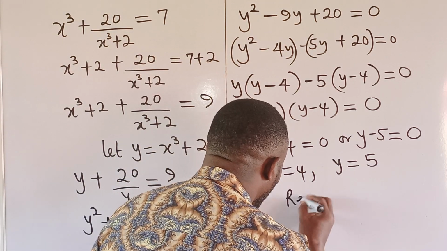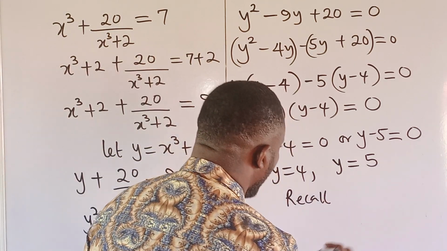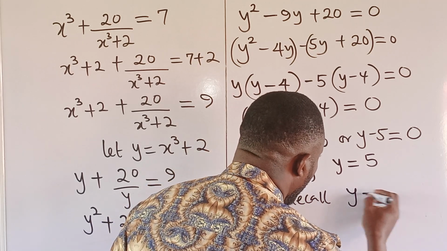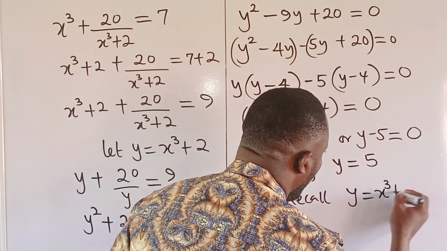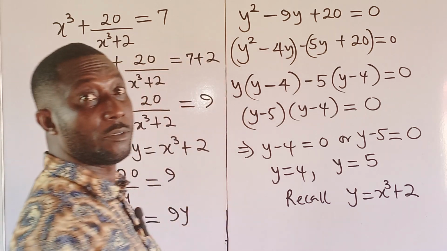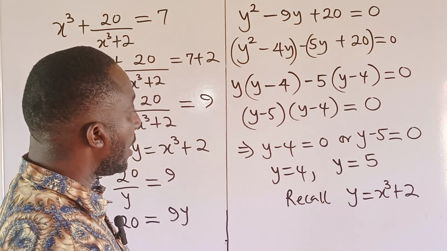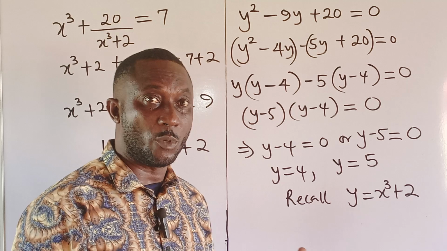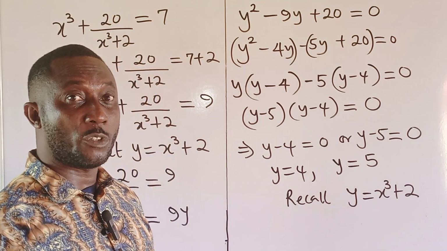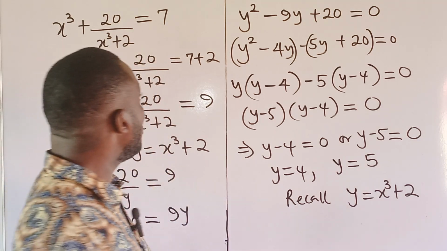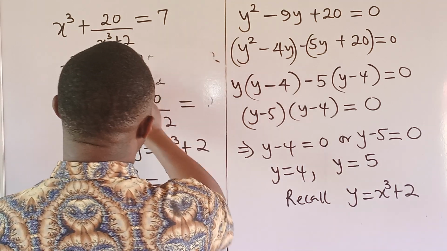Then we shall recall that y is equal to s cubed plus 2. This is our substitution. Then we shall have two cases. And also, we are actually solving for the real values of s in this problem.